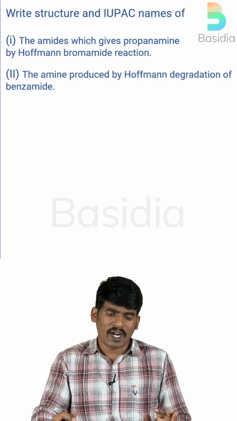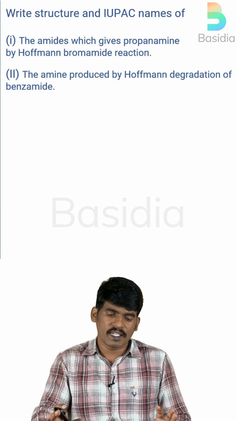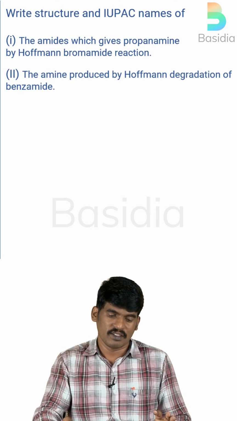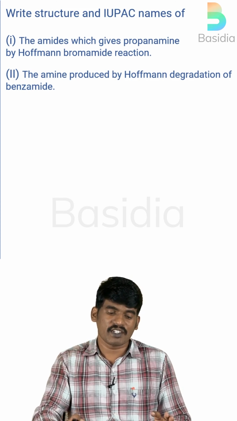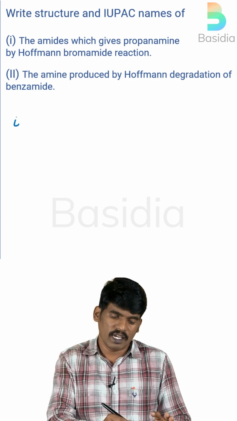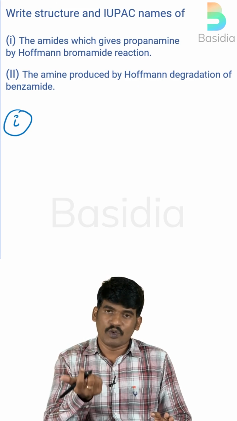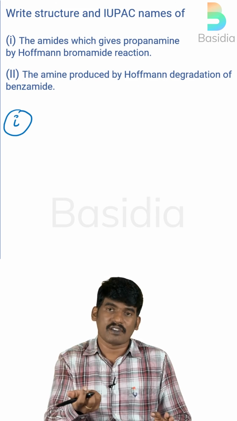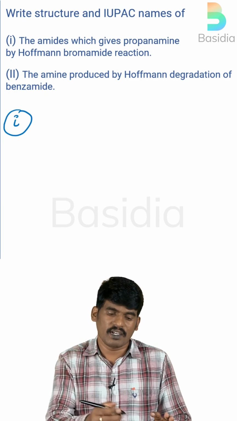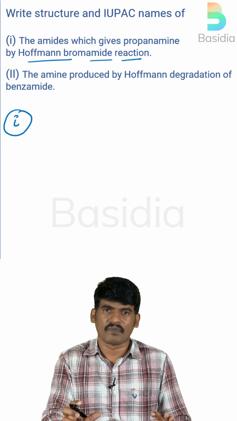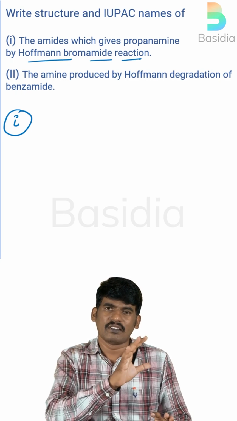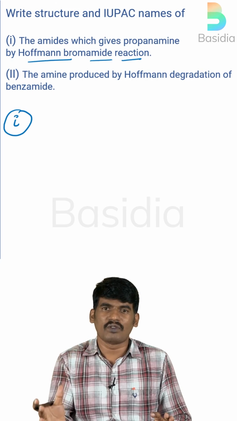Next, write structure and IUPAC names of the amides which give propanamine by Hoffmann bromamide reaction, and second, the amine produced by Hoffmann degradation of benzamide. First one, the amide which gives propanamine. The Hoffmann bromamide reaction is a degradation, where a 4-carbon compound can be converted into a 3-carbon compound.